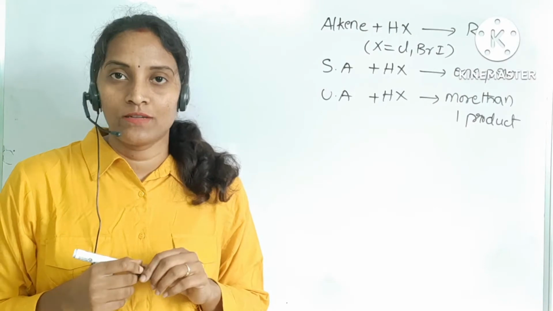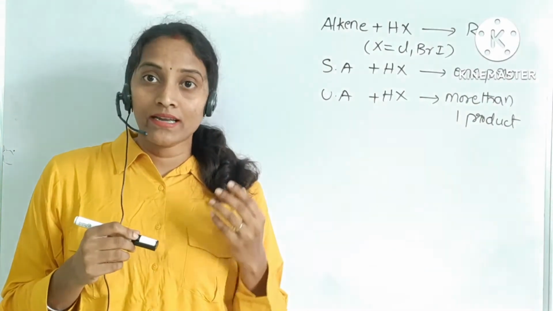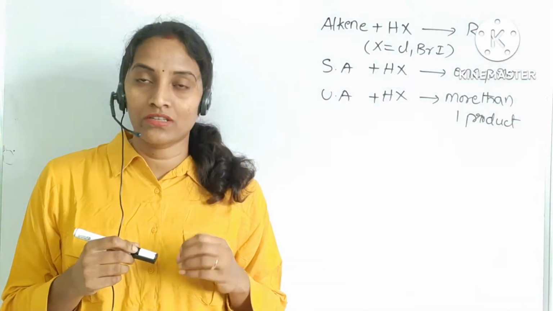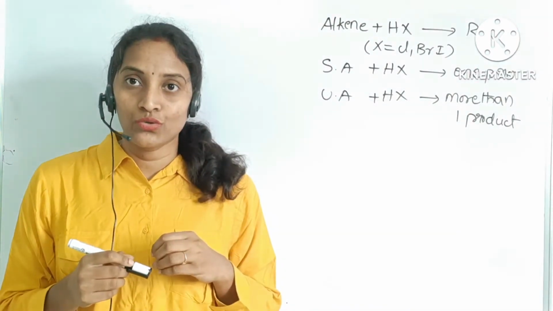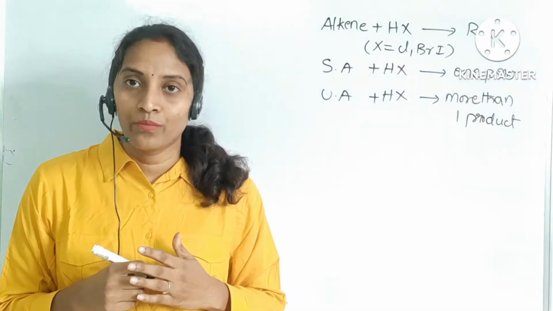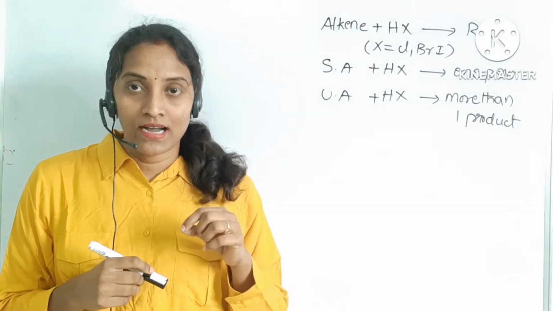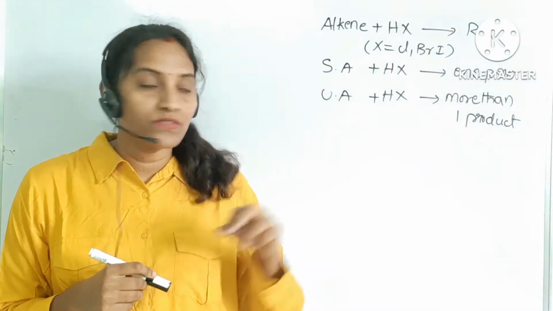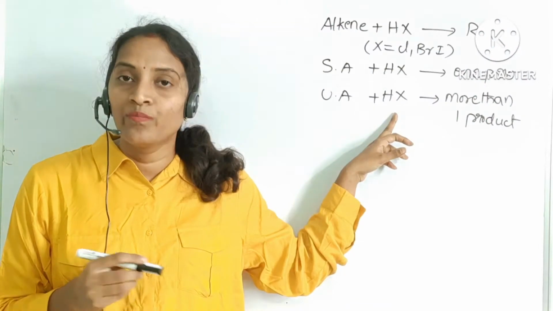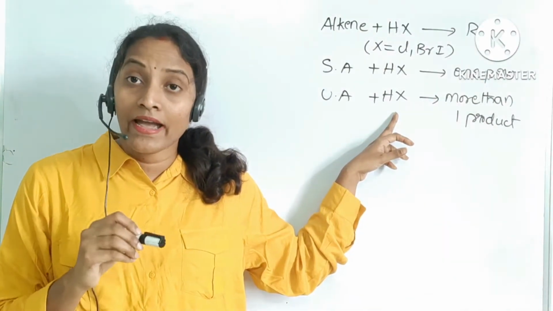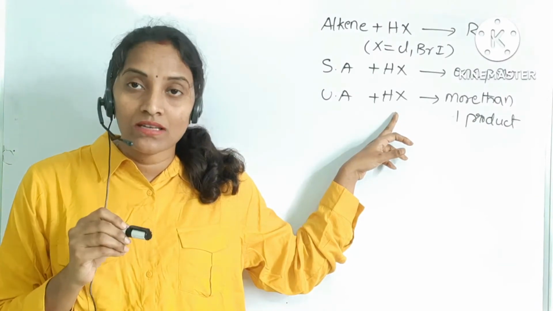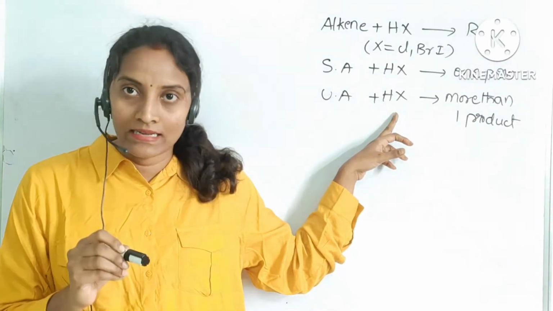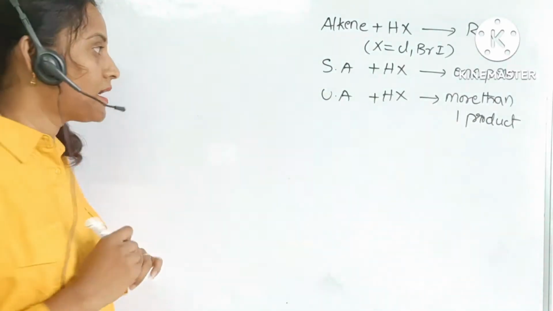It is when an unsymmetrical alkene reacts with an unsymmetrical hydrogen halide, they will give you the more stable product. During this reaction, the negative part of the hydrogen halide attacks the highly substituted carbon present in the unsymmetrical alkene.